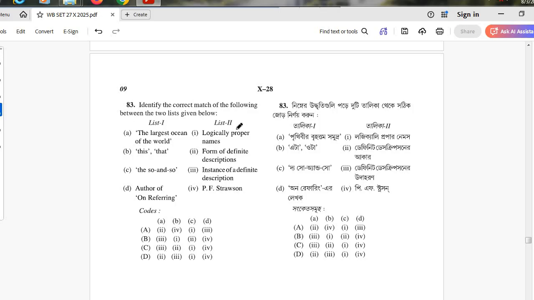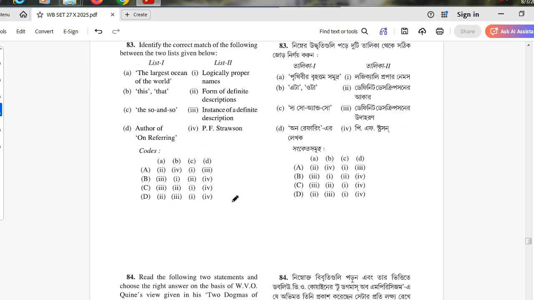Question 83. Match list 1 and list 2. The largest ocean of the world, this, that, the so-and-so, author of... referring. And on the other side, logically proper names, to form definite descriptions. Option 3, instance of a definite description. And option 4, P.F. Strawson.